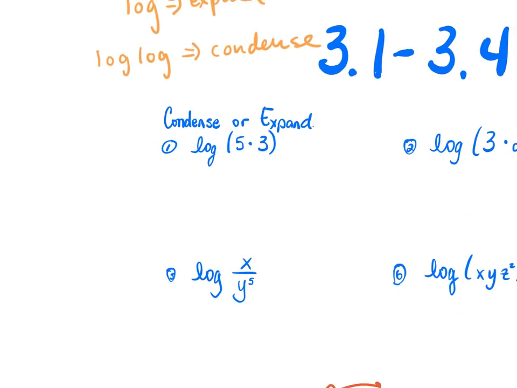So for 1, are we condensing or expanding? Expanding. So when we have multiplication, how do we expand this? We add them. So log of 5 plus log of 3. That's our answer. You want to put like the parentheses or no?